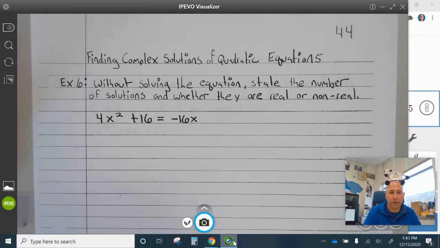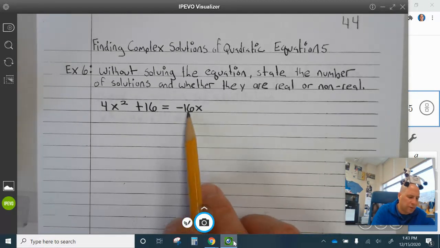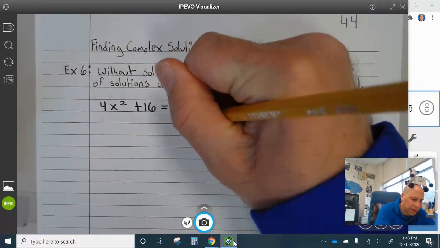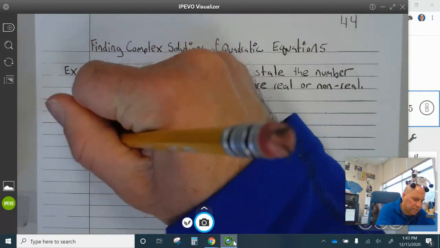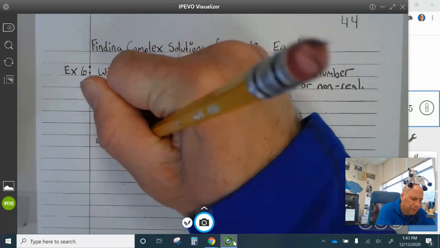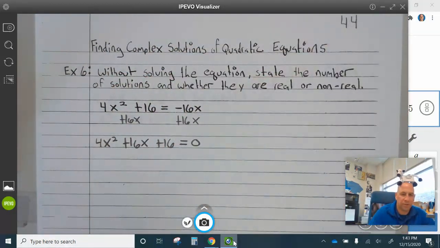All right, example 6. Without solving the equation, state the number of solutions and whether they are real or non-real. Okay. So we need to add the 16x to both sides first. So then that's 4x squared plus 16x plus 16 equals 0.